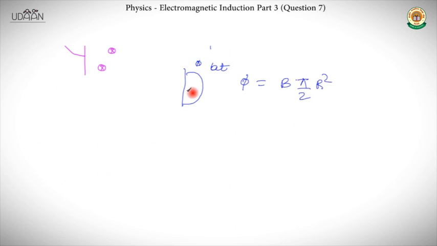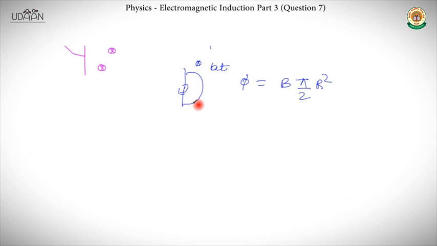Afterwards, the disk keeps on rotating. When the disk rotates, the flux would be gradually decreasing, because the area inside the region where there is magnetic field is continuously decreasing. It's quite logical to see that.